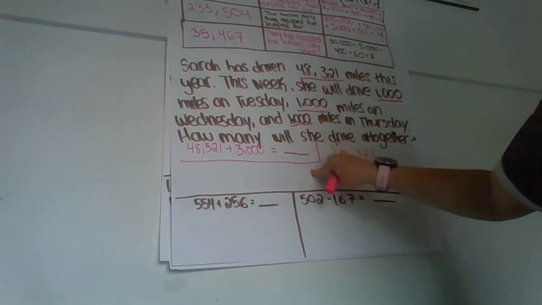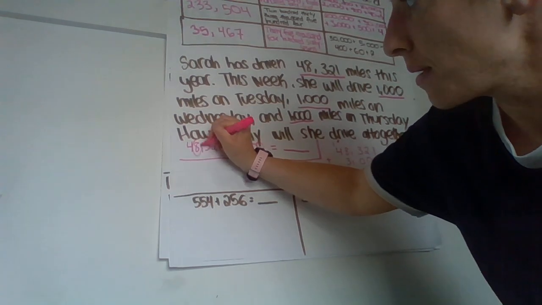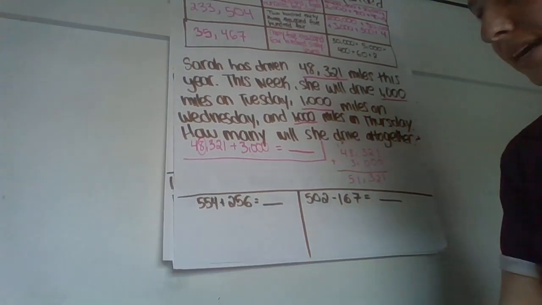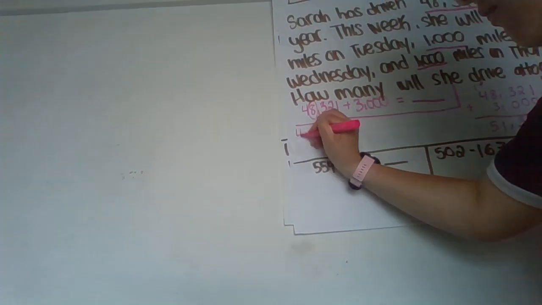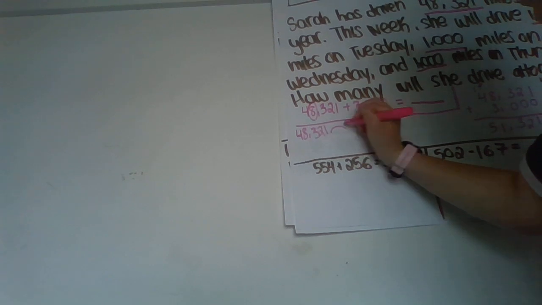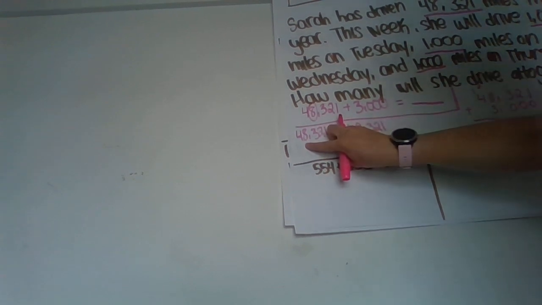The other way I could do it is to just look at the thousands place value right here and count on. Let's see. I can go 48,321, 49,321. That's when I change only the thousands right here.